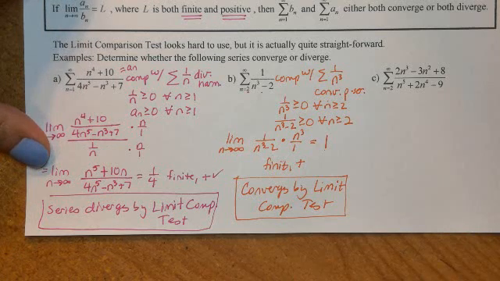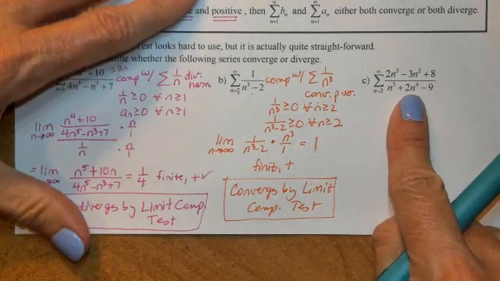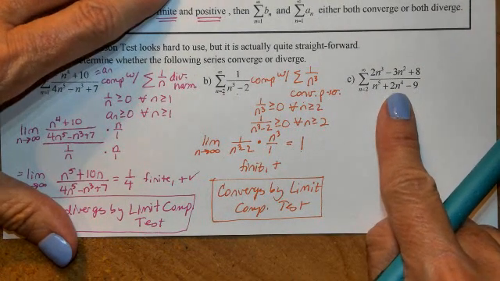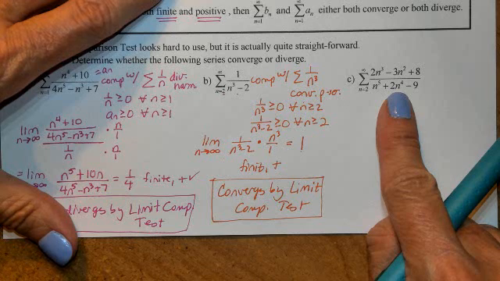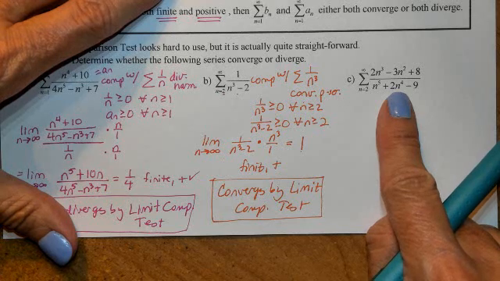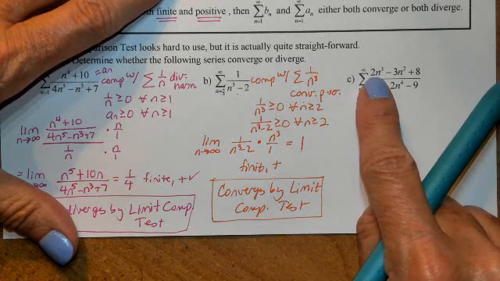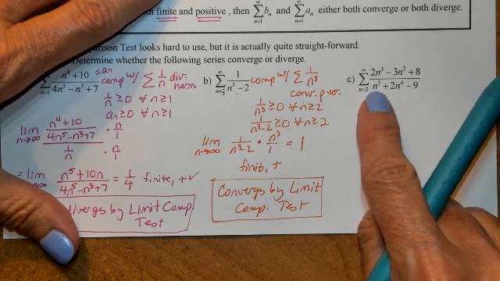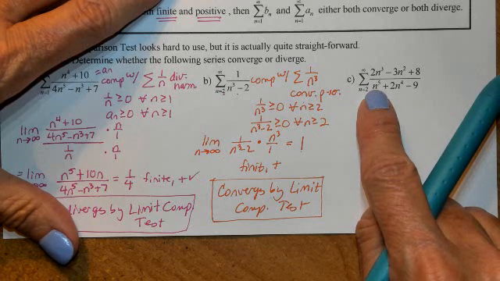Okay. Next one. What does this compare with? Look for your highest degree on top and your highest degree on the bottom and reduce those.